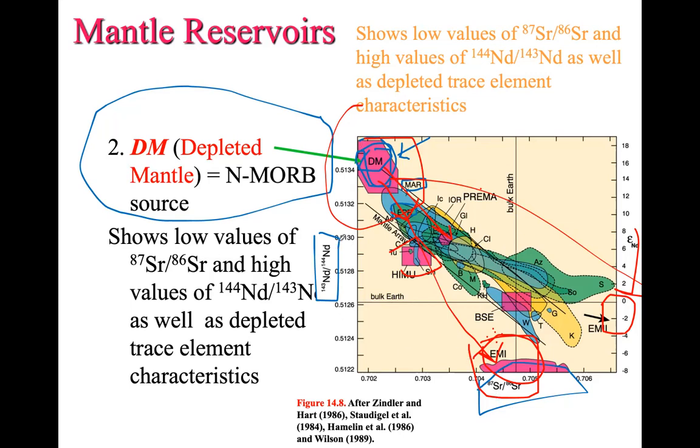Neodymium is high in those parts because it is depleted, and strontium is low in the depleted mantle. We discussed these things when we did isotopes for those two systematics, incompatibility and compatibility. Remember, all this matters.